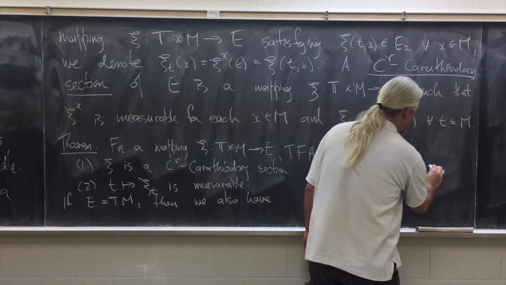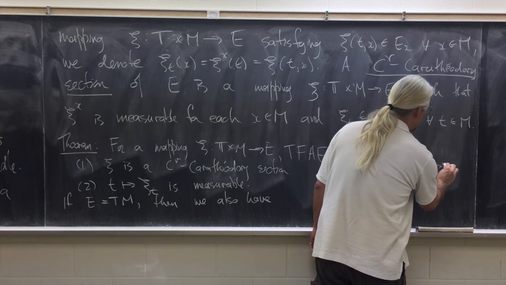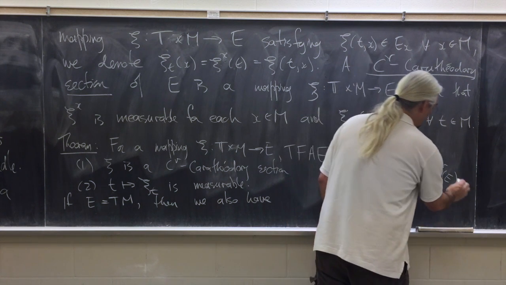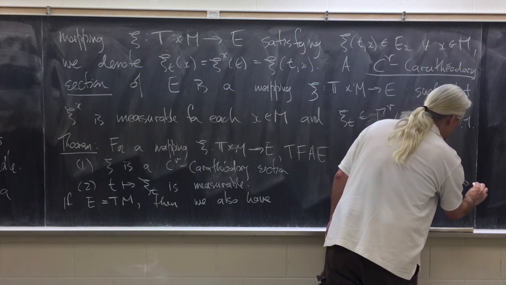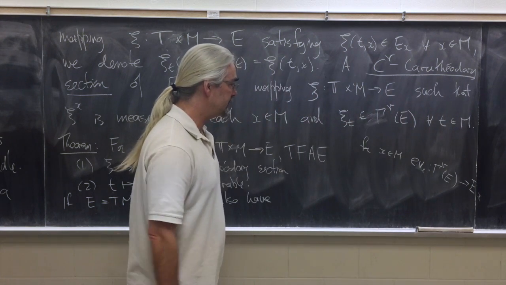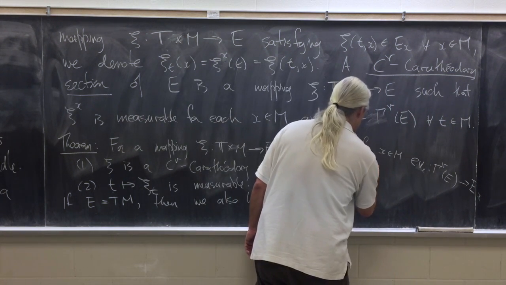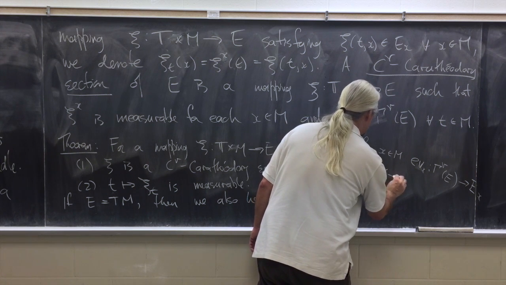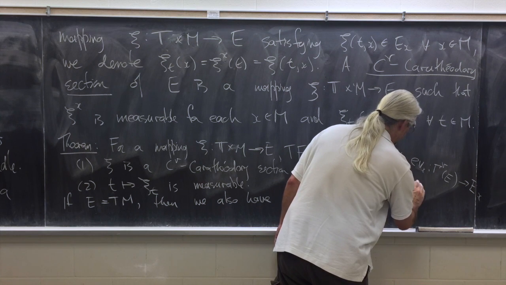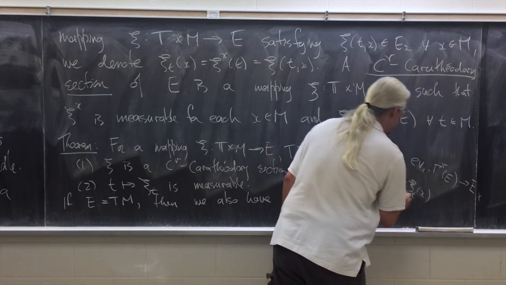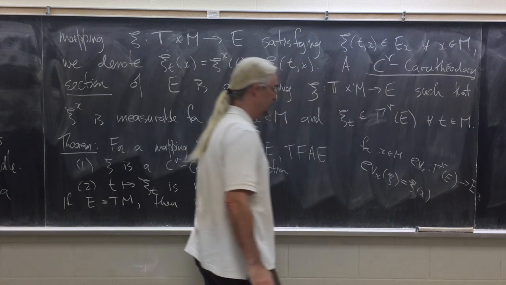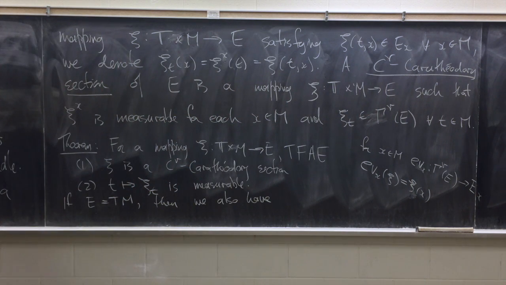This is going to map your C nu section into this finite dimensional vector space, E sub x, and of course it's just C sub t of x. There's no time varyingness here. So I have these evaluation maps.